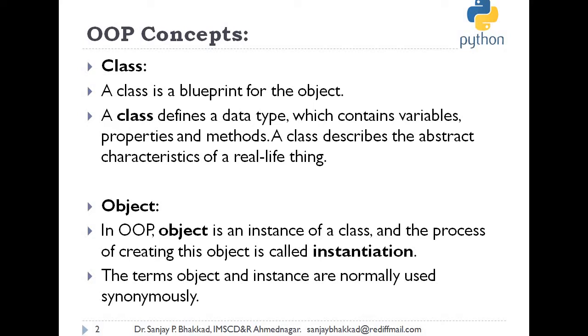So what do you mean by object? In object-oriented programming, an object is an instance of a class, and the process of creating this object is called instantiation. So when we say an object is an instance of a class, it means it holds actual values. It is not an idea anymore.